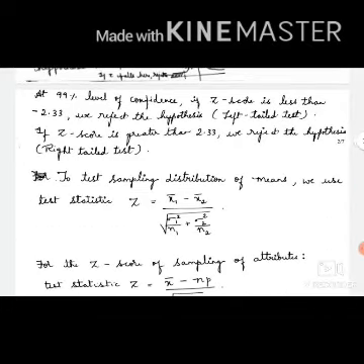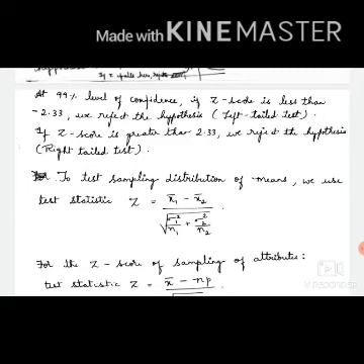To test the sampling distribution of difference of means, the Z score is given by x1 bar minus x2 bar by root of sigma 1 square by n1 plus sigma 2 square by n2.